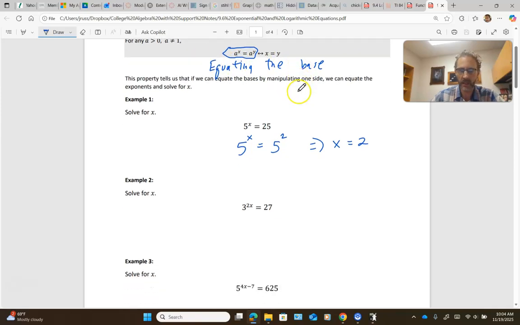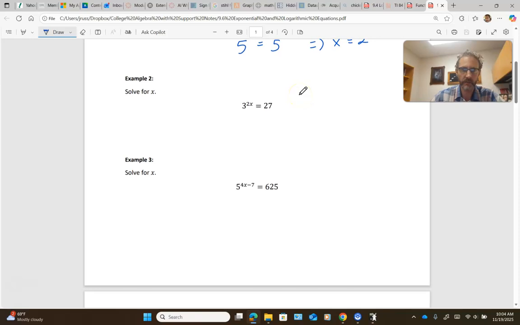So let's take a look at example 2 here. Example 2, we have 3 to the power of 2x, and this is equal to 27. So the base I'm going to be working with is 3, because I already have this. So I need to somehow re-express 27 as 3 to some power. Okay, well, if you recall, 3 to the second power is 9, 3 to the third power is 27.